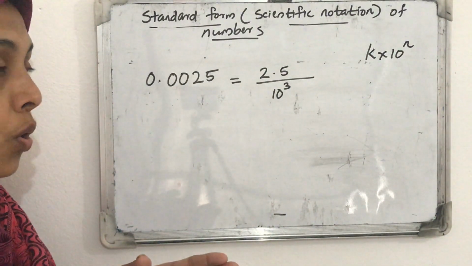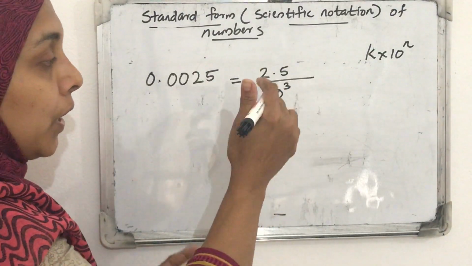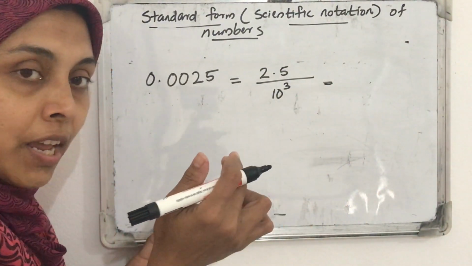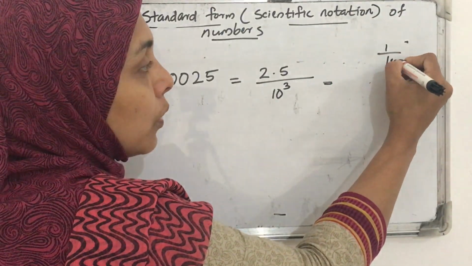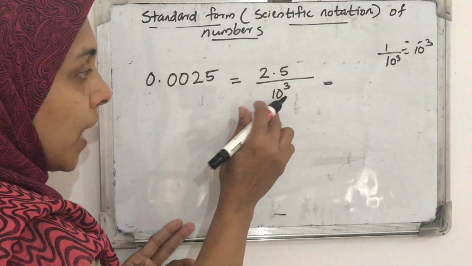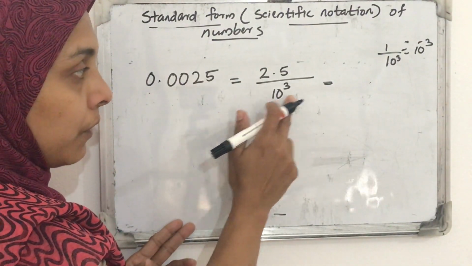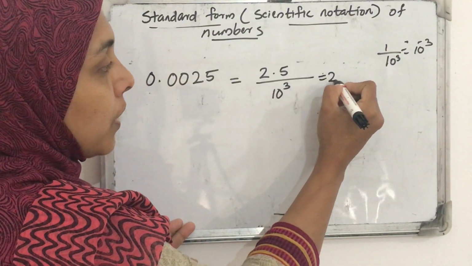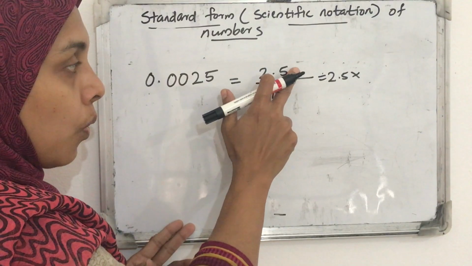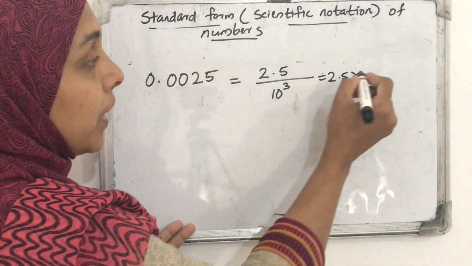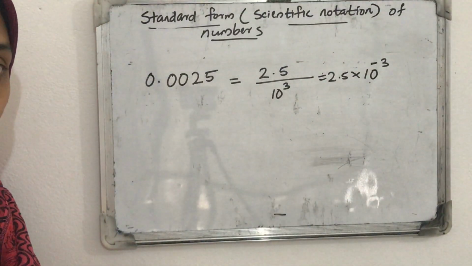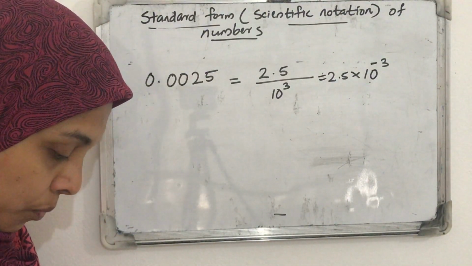Now using the law of exponents we know 1 by 10 cube is equal to 10 raised to minus 3. So instead of 1 by 10 cube, we can express it as 2.5 into 10 raised to minus 3. Okay, 2.5 into 10 raised to minus 3.